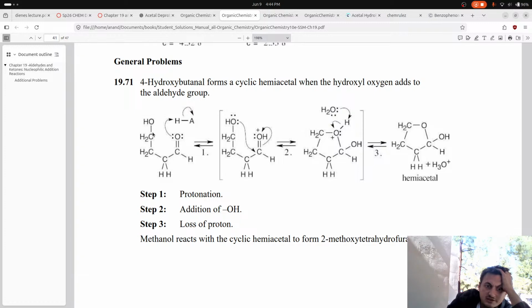So if we drew this differently, this gets an H plus. This attacks. Wait. Hold on. Right, yeah, because it becomes a five-membered ring.